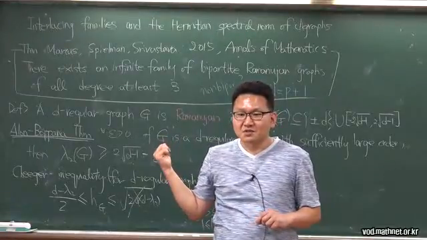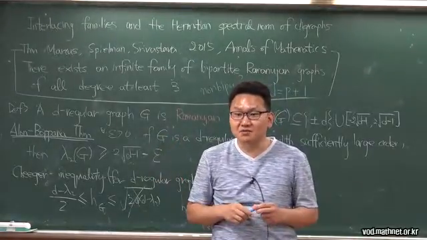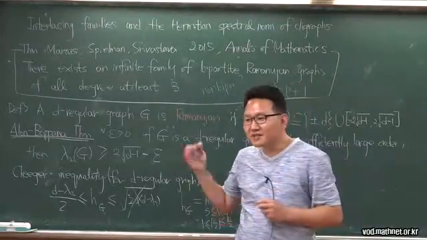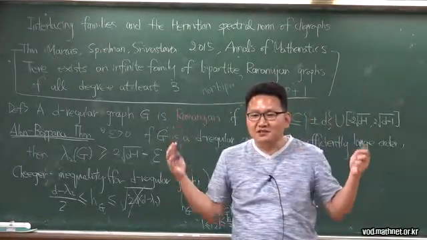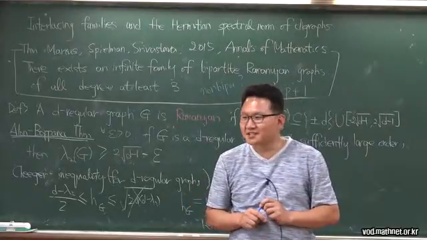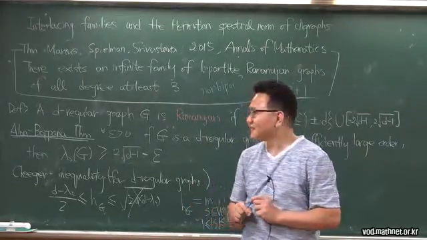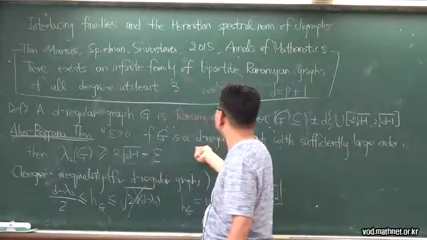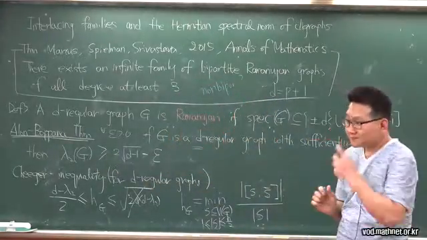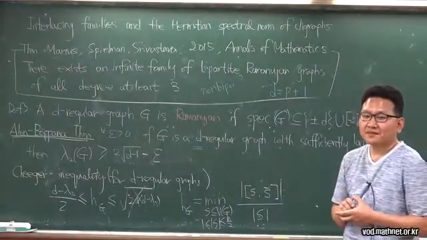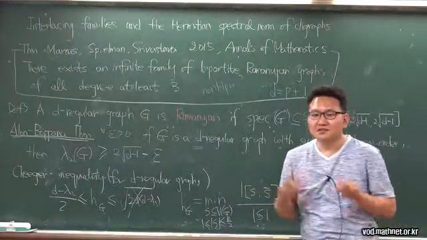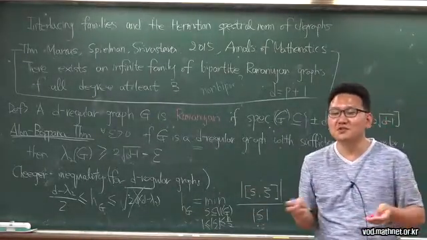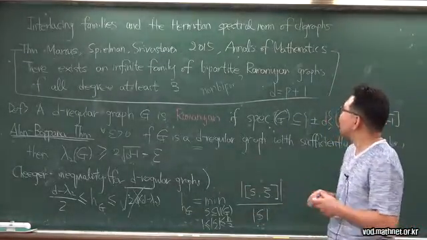As far as I know, the smallest degree for which we do not know a construction is probably 7. So for d equal to 7, we don't know how to construct the infinite family explicitly.